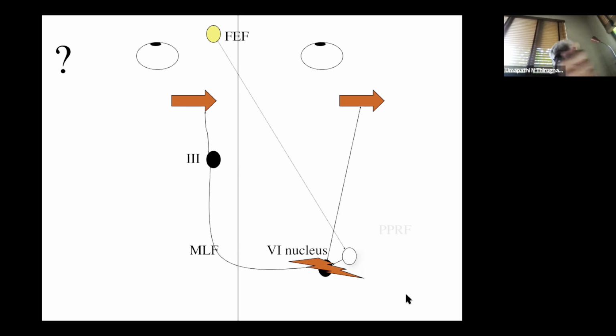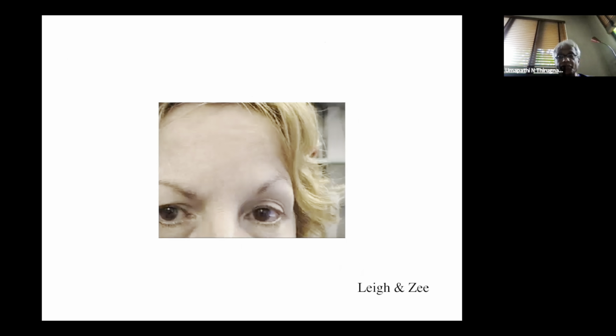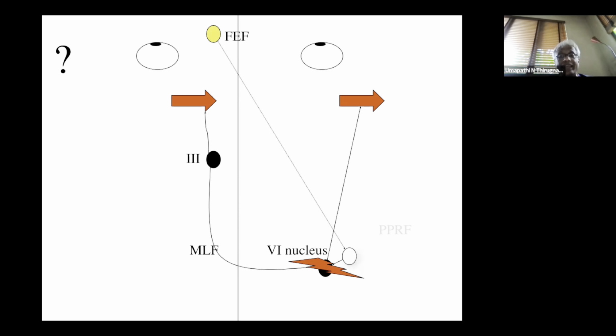Now you have 2 tools to differentiate between frontal eye fields and 6 nucleus lesion. A frontal eye field lesion on the right side will cause left hemiplegia and left upper motor neuron facial palsy.